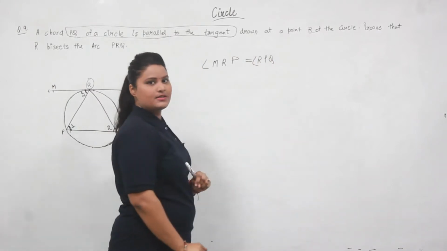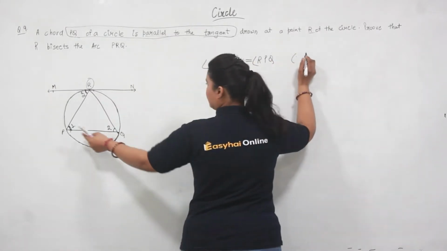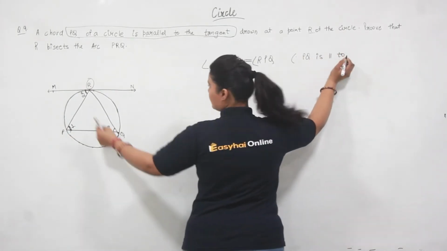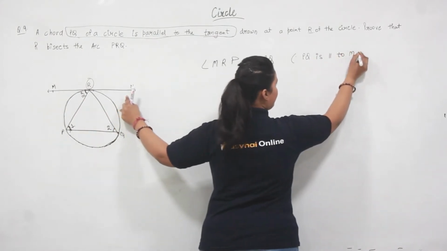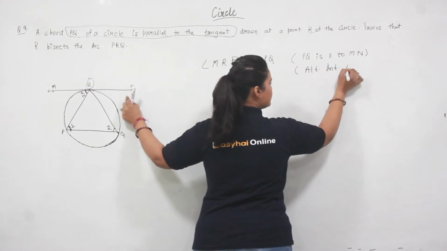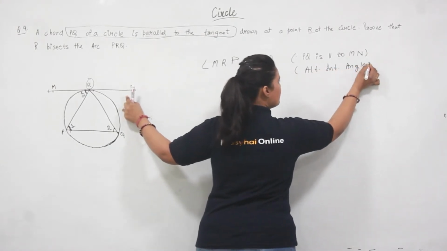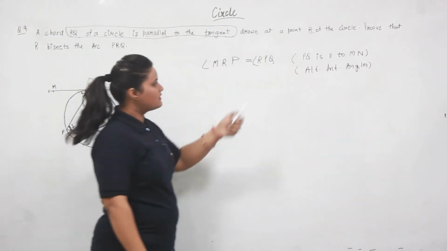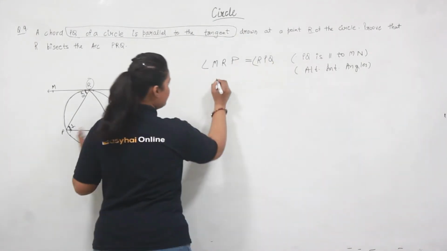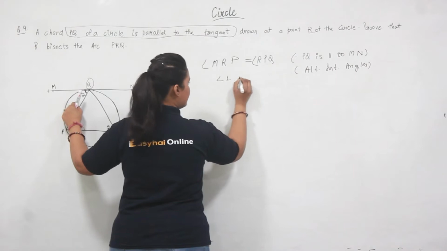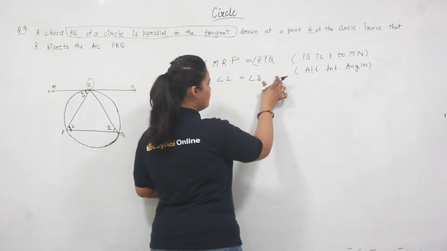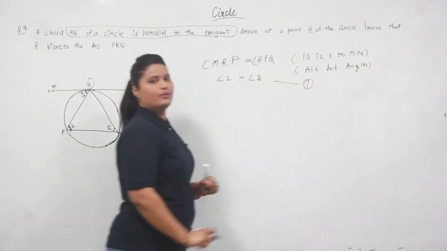How is it possible? Because PQ is parallel to MN and these two angles are alternate interior angles. Correct? These two are alternate interior angles since PQ is parallel to MN. So I am writing angle 1 is equal to angle 3. Okay? Statement number 1, equation number 1.